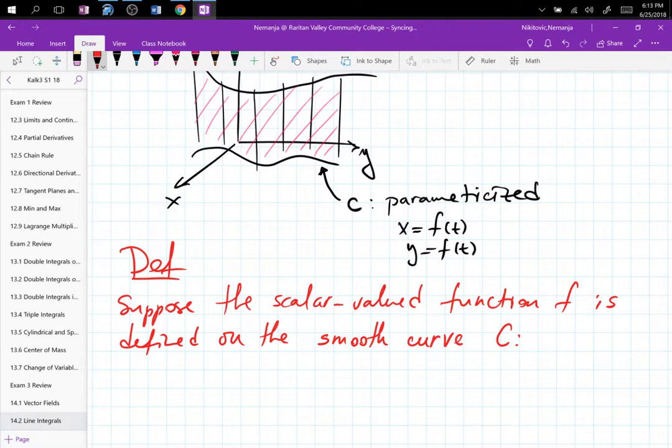The smooth curve is parametrized by the arc length, so we have r of s is the vector x of s and y of s.